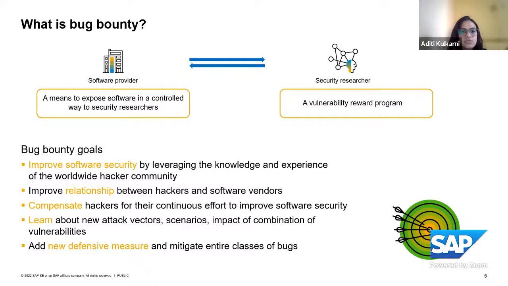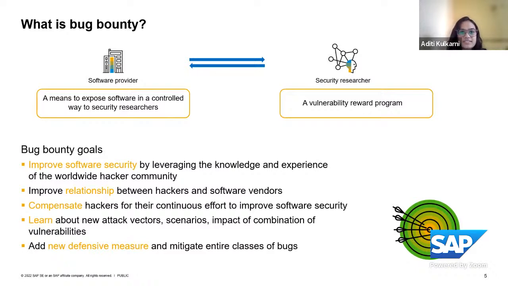What is the goal of a bug bounty? It is basically about assessing the application of a certain vendor, and of course to improve the security of that software. In bug bounty, vendors have the chance to leverage the knowledge and experience of the entire hacker community outside their company, and it helps improve the relationship between the hackers and the software vendors, because you would be working in close-knit collaboration.